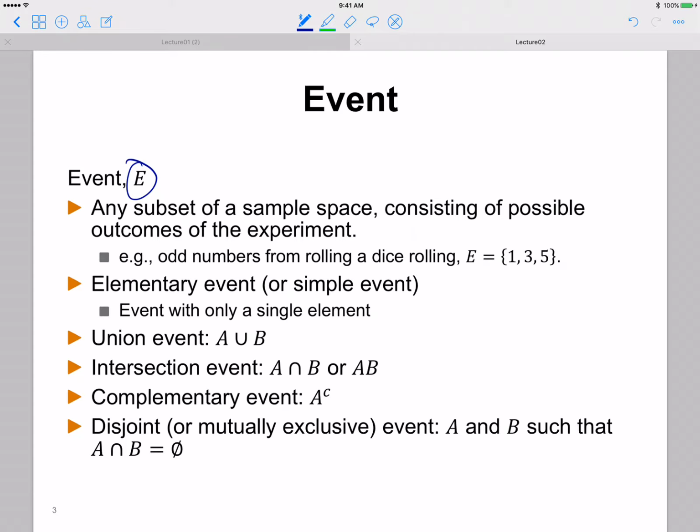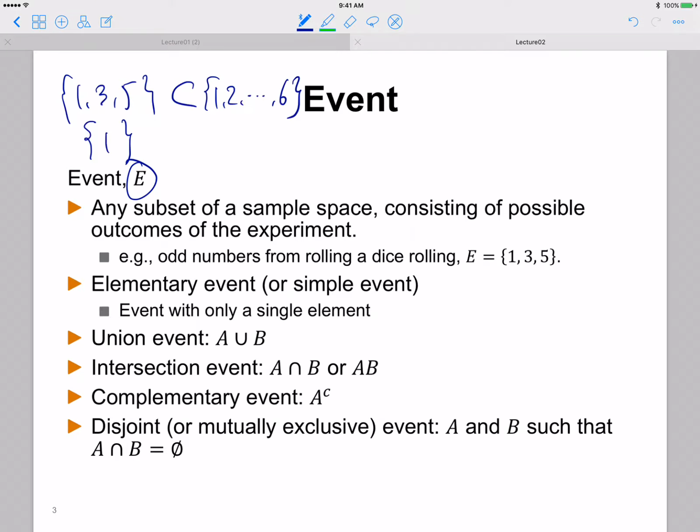Then maybe 1, 3, 5, which is a subset of our sample space, right? And then maybe just 1, and so on. So all these subsets of the entire universe set are called events.